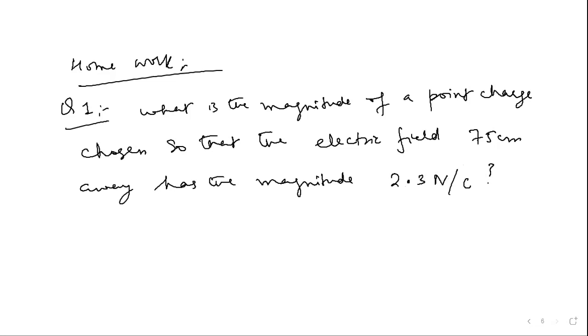I repeat the question. What is the magnitude of a point charge chosen so that the electric field 75 centimeter away has the magnitude 2.3 Newton per Coulomb?